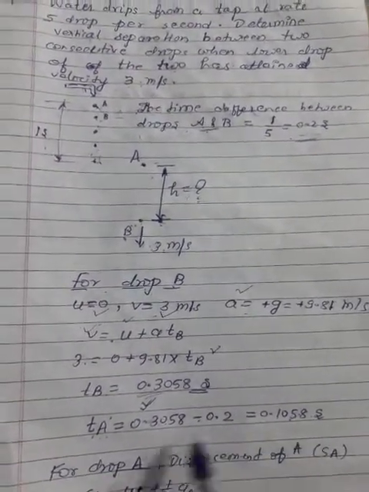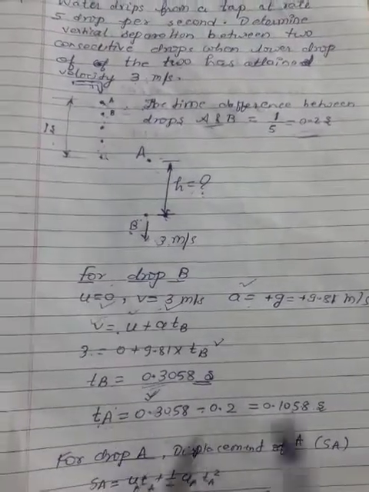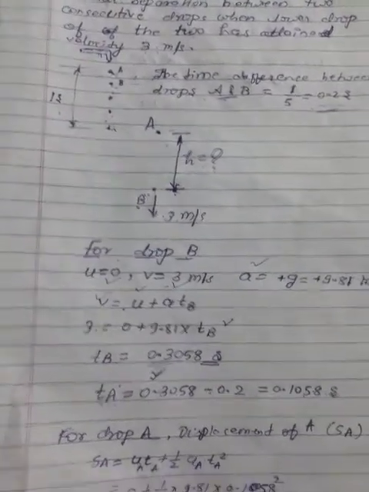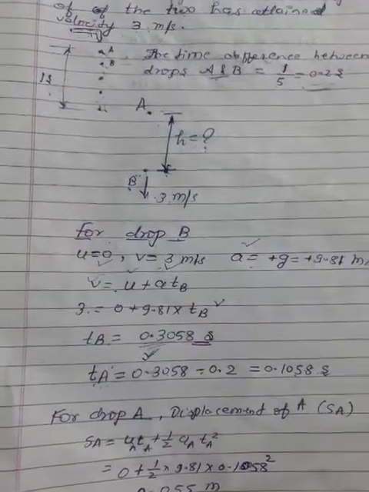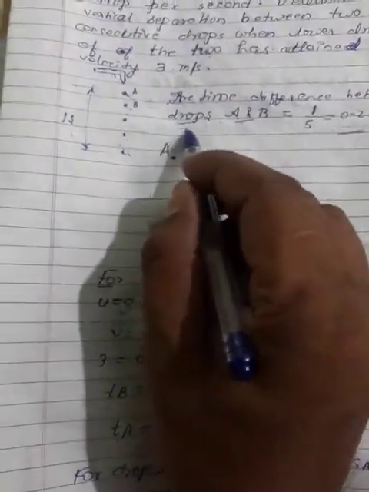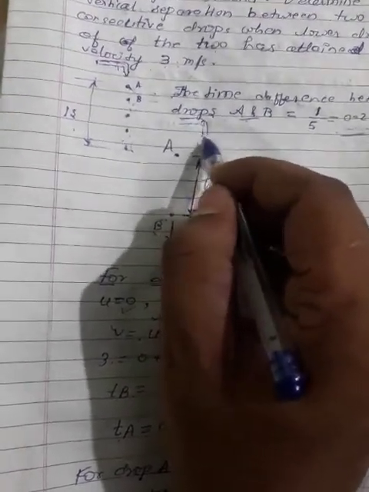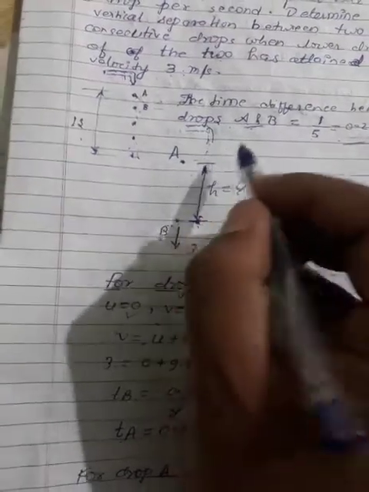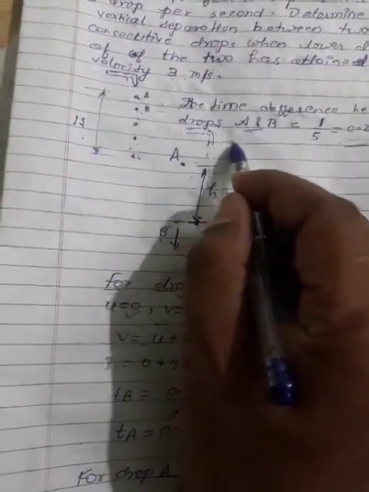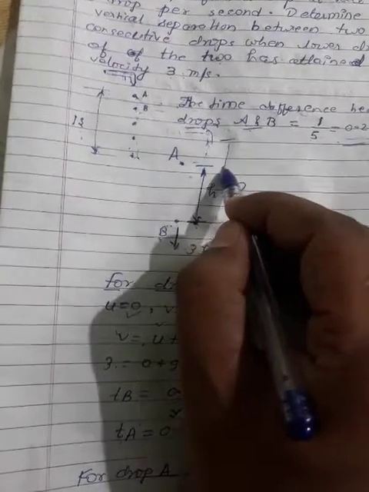Now for drop A, I am calculating the displacement of drop A. Suppose the tap is here. These are the drops. So from the initial position, from this position, it will cover some distance.